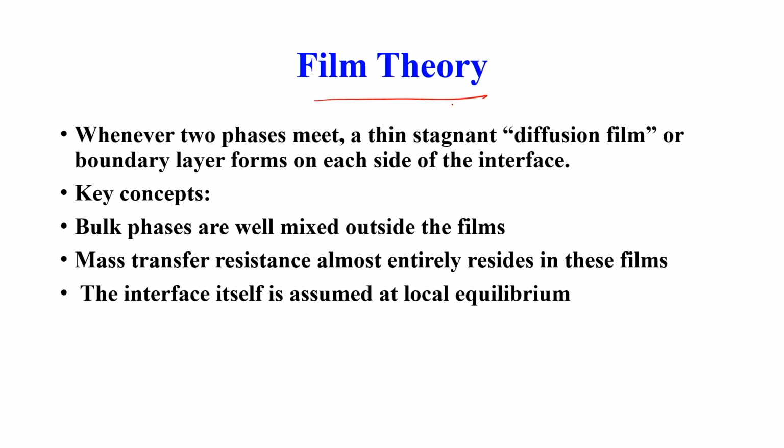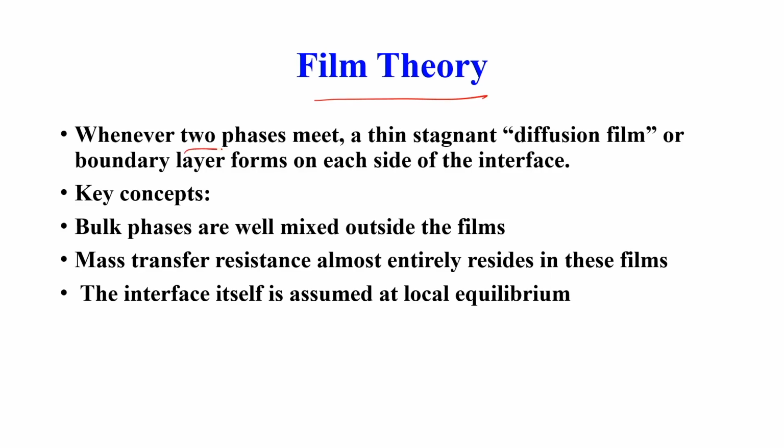Now, after molecular diffusion, the next theory we will be discussing is film theory. Whenever two phases meet, there is a formation of a thin stagnant diffusion film, or what we sometimes call a boundary layer, on each side of the interface, and when this diffusion film or boundary layer is formed, we apply the two film theory. What are the key concepts here?